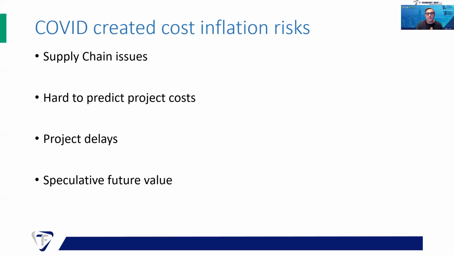Next, it is very hard to predict project costs. The cost escalation has been rapid, and it's been unpredictable, very volatile, and many operators struggle to project costs accurately. This is going to continue. You may start the project today and wind up with one budget in the pro forma projections.